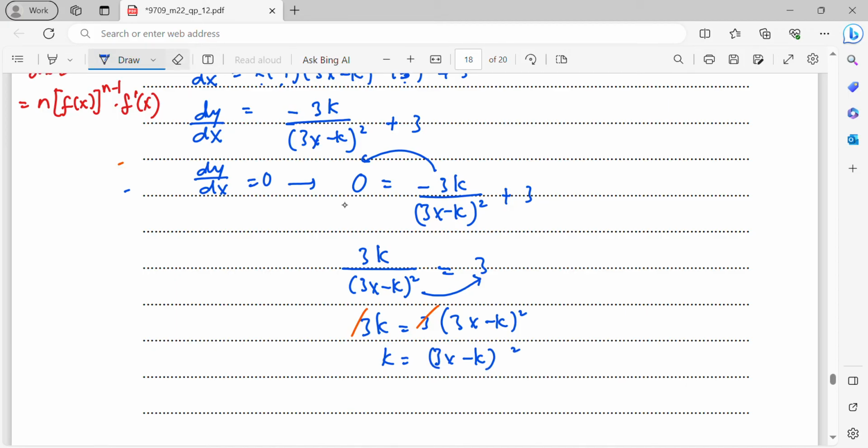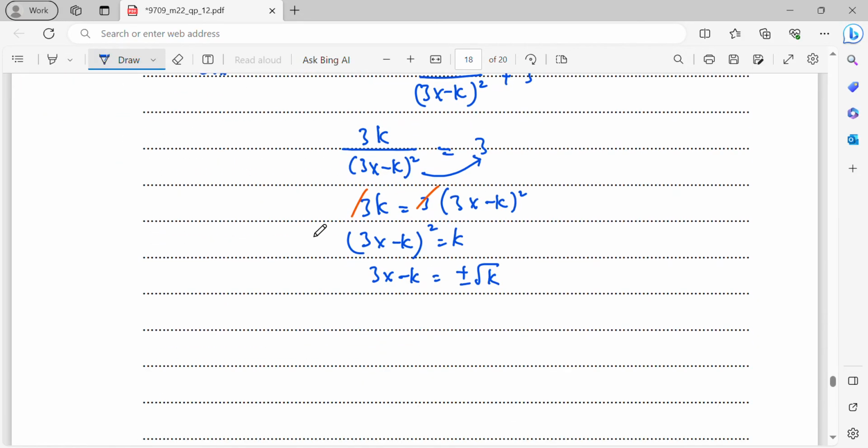Then, instead of writing this, I will just swap the positions. So (3x minus k) squared equals k. I need to find the x. Now I will move the squared to the other side, it becomes plus minus square root of k. So 3x minus k is plus minus square root of k.